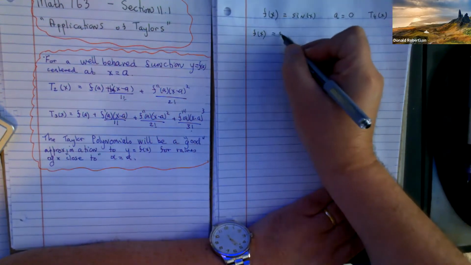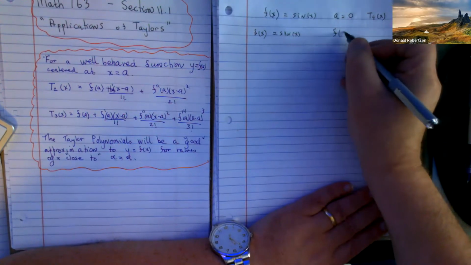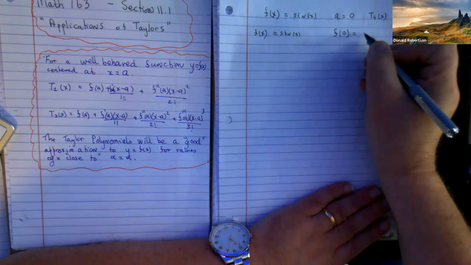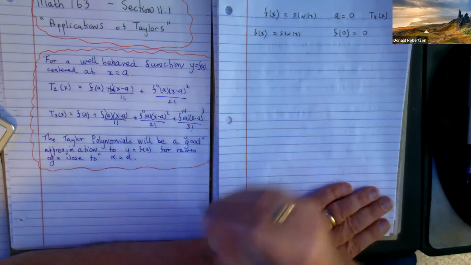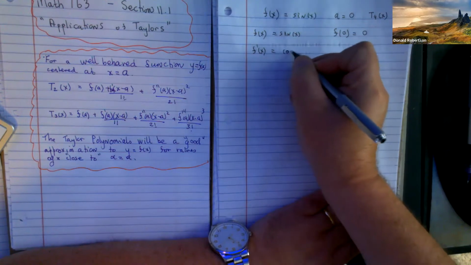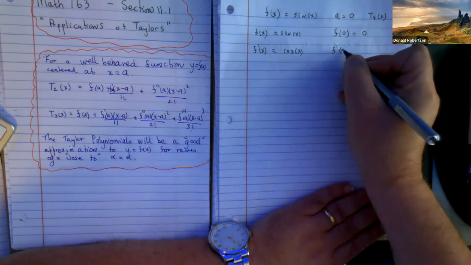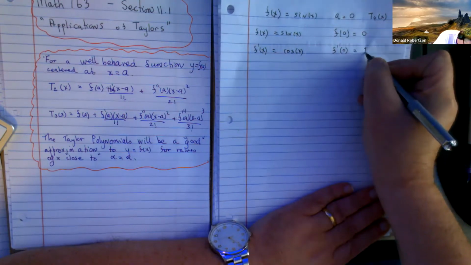So f of x is sin x. And the value of the function at a, which is 0 in this case, is the sine of 0, which is 0. The derivative is the cosine of x. F dashed of 0 is the cosine of 0, which is 1.